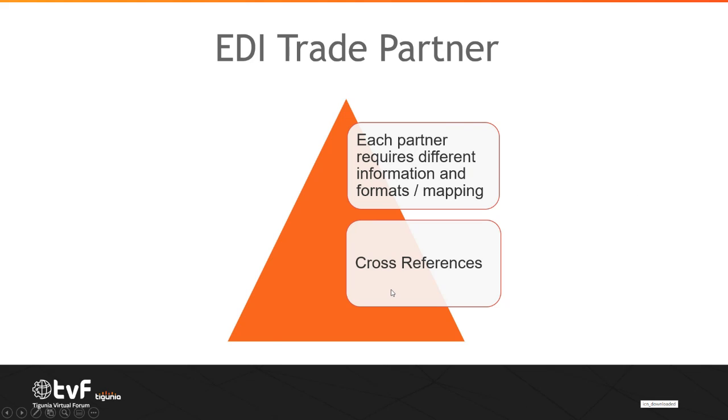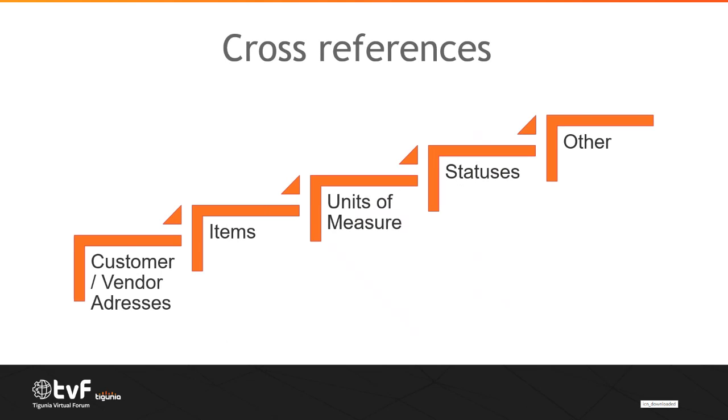And cross-references. There are obviously cross-references that need to be created between partners, and there are multiple types you can put in there. At the basic level, you need cross-references between your customers' or vendors' addresses.